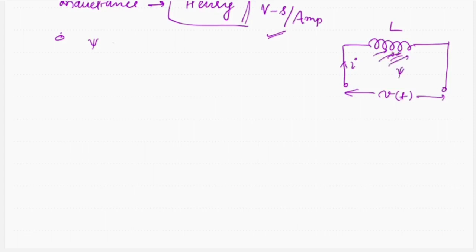So total flux is directly proportional to the current flowing. Upon removing the proportionality, we get a proportionality constant that is known as inductance.